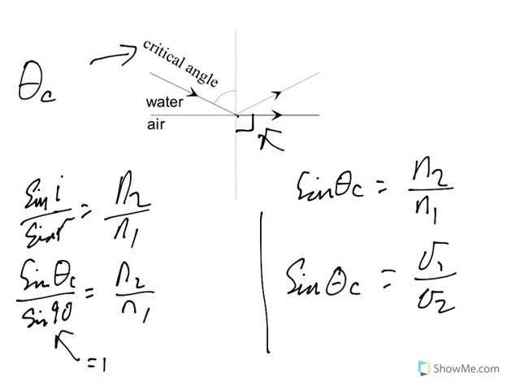Now the note down the bottom underneath that talks about this, and because the sine ratio has got to be a fraction less than 1, that means the refractive index n2 has got to be less than or equal to refractive index n1. So that means we've got to go from a high refractive index to a low refractive index for total internal reflection to occur.